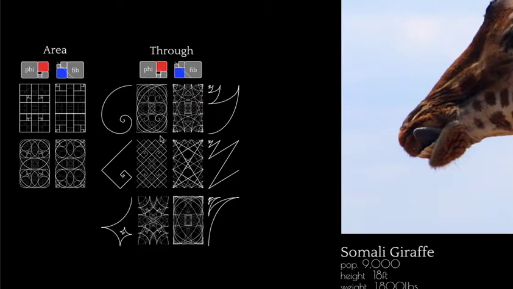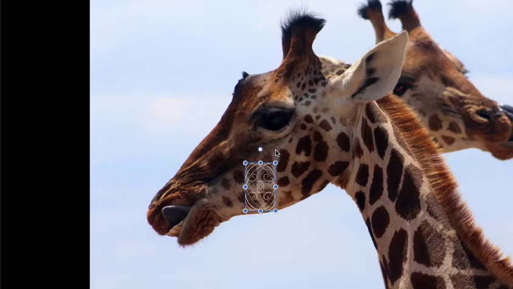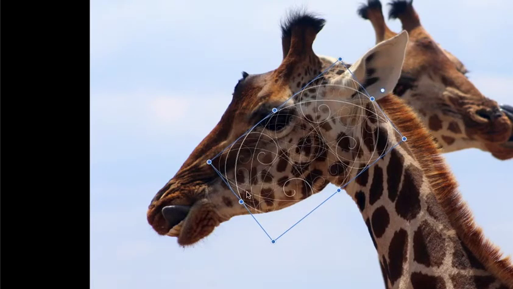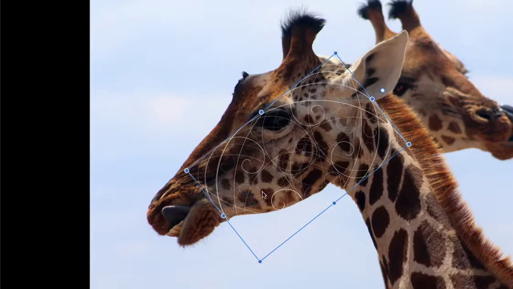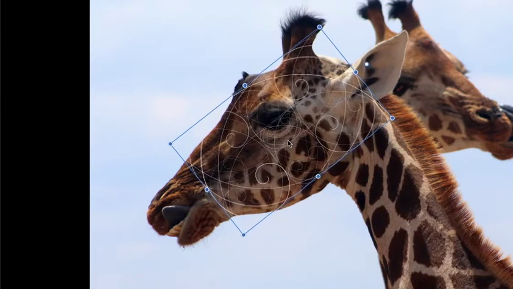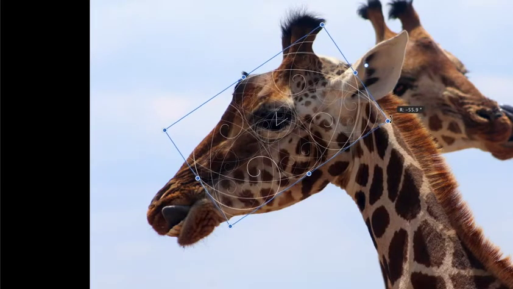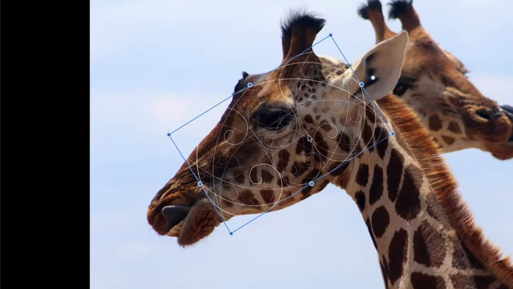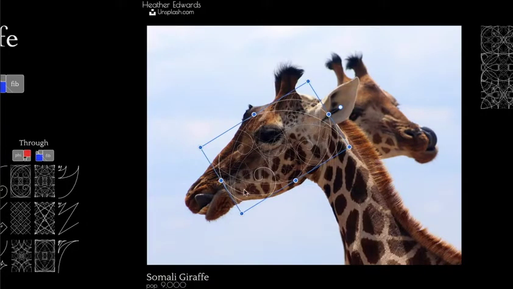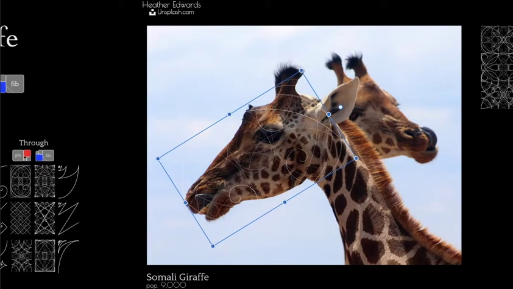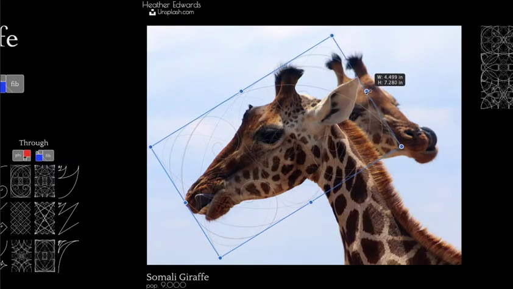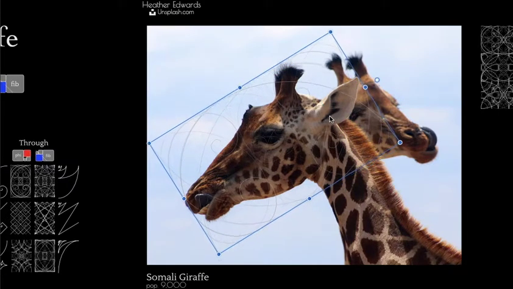Okay, let's do that same thing with the phi spiral map. If we take that out to find the most ideal harmony here. A full head like that.